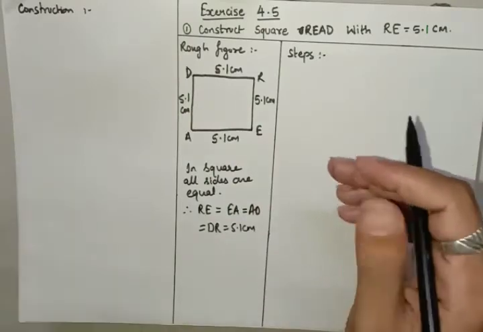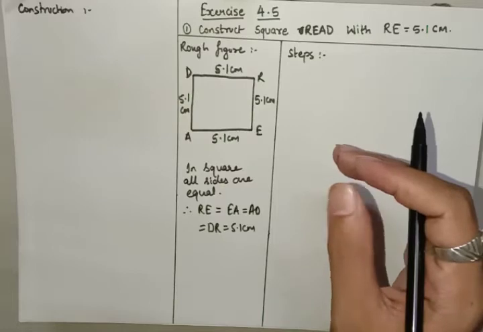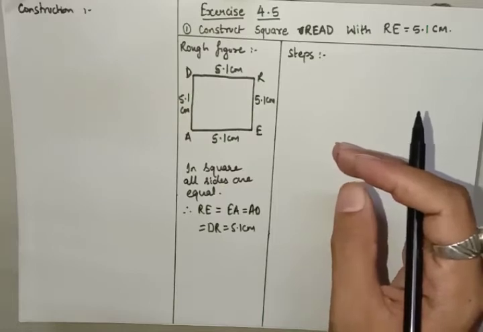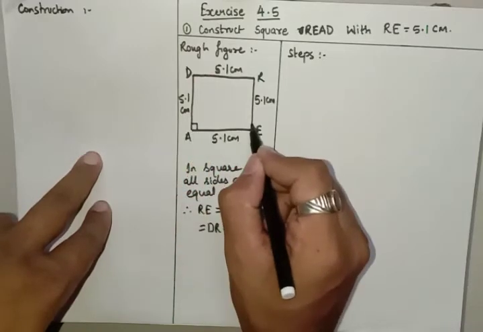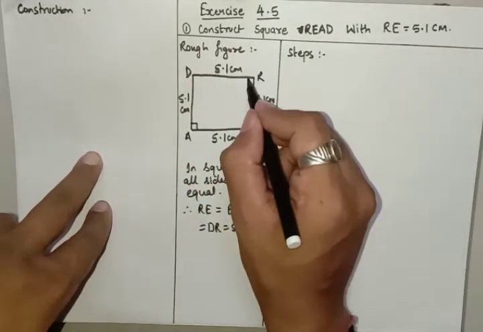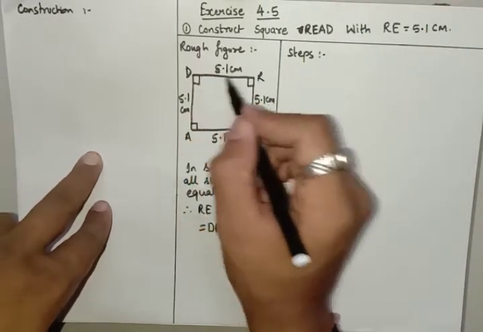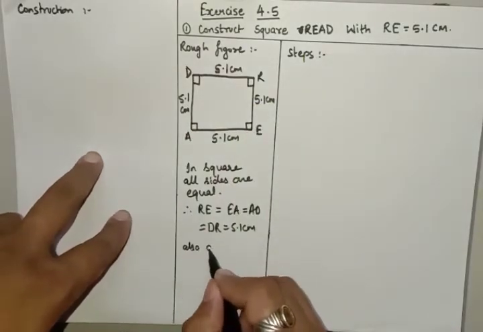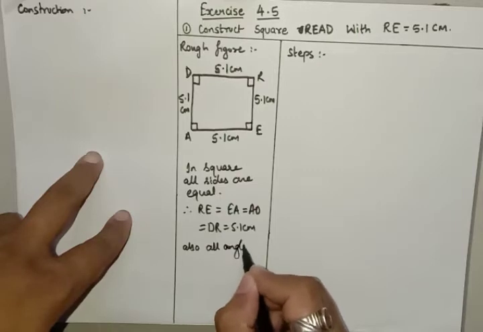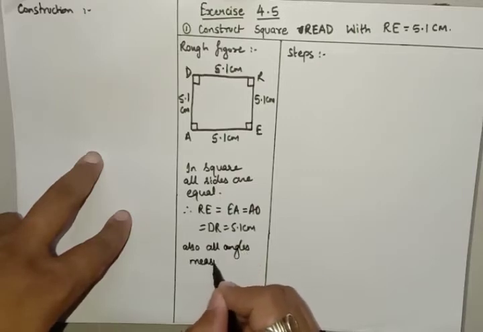We also know that the angles of a square are of 90 degree measurement, right? It means this angle will be 90, this angle 90, this angle 90, and this angle 90. So also, all angles measure 90 degree.